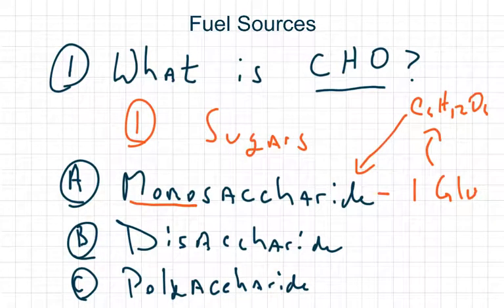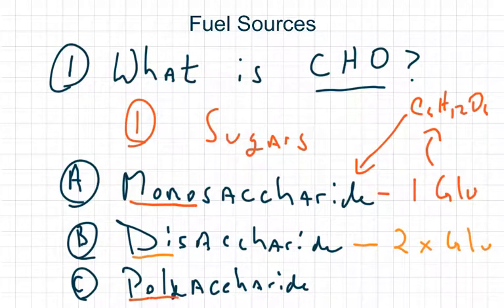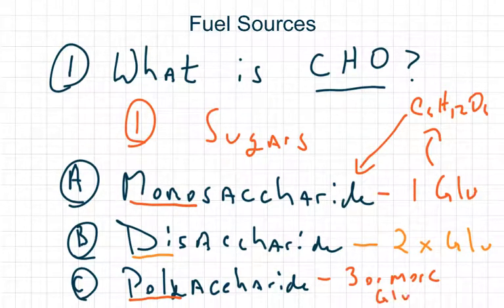A disaccharide, the Di stands for 2. And so what this means is you have 2 glucose units combined together. And finally, we have polysaccharide, which means you have 3 or more glucose units attached together in a chain. That's the difference between all of these when we talk about the different types of sugars.